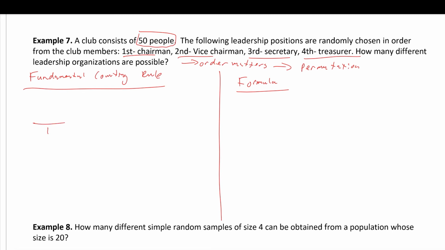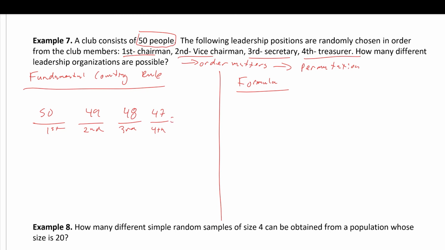We have the chairman, vice chairman, secretary, and the treasurer. There are 50 people to choose from, right? Now the chairman can't also be the vice chairman, so then we have 49 here, and the secretary, so it can't be repeated, right? 1 person per 1 role. So we have 48 here and then 47.